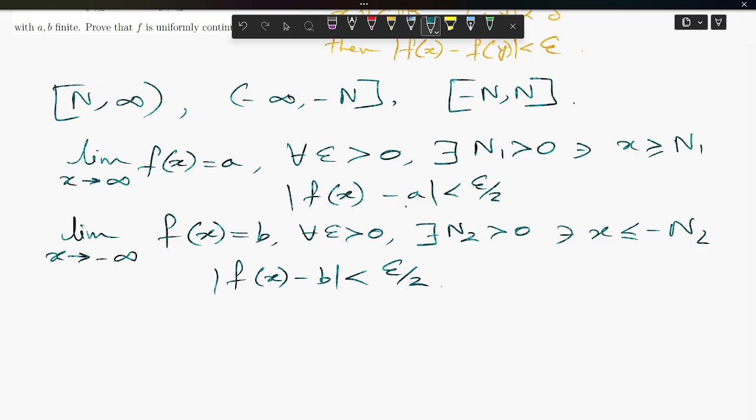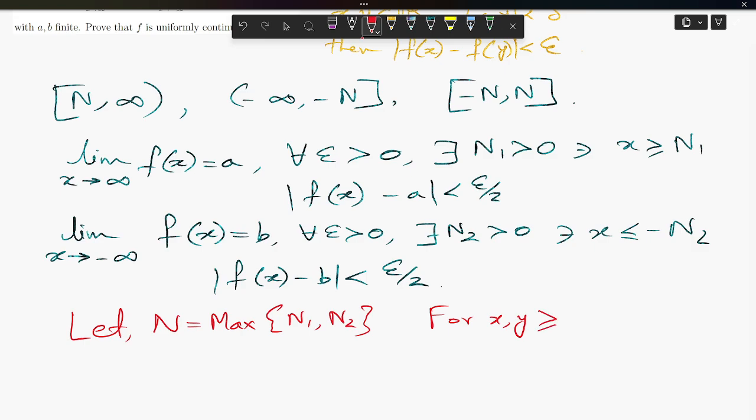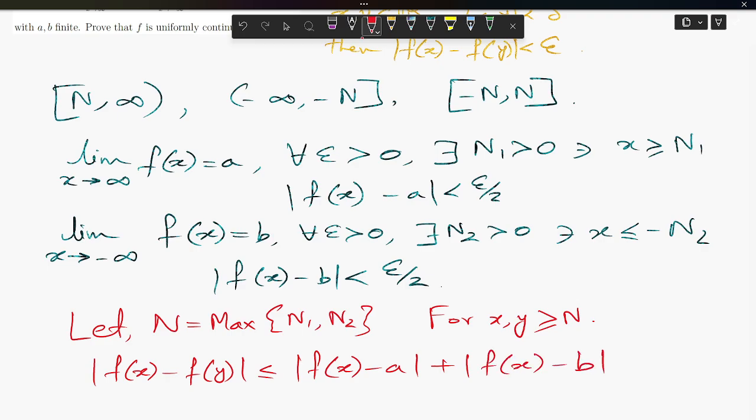So let n be the maximum of n1 comma n2. Then for x, y both greater than or equal to n, we get mod of f(x) minus f(y) less than or equal to mod of f(x) minus a plus mod of f(y) minus a, which is less than epsilon by 2 plus epsilon by 2, that is equal to epsilon.